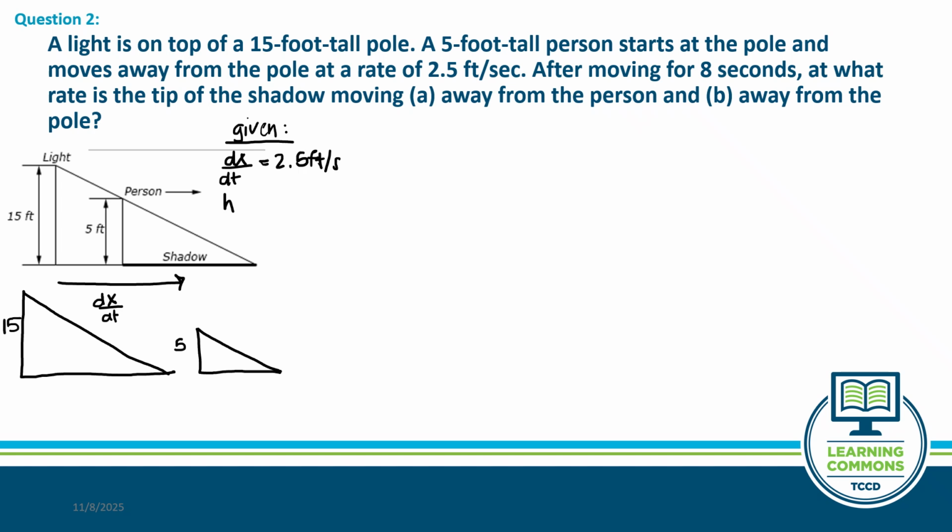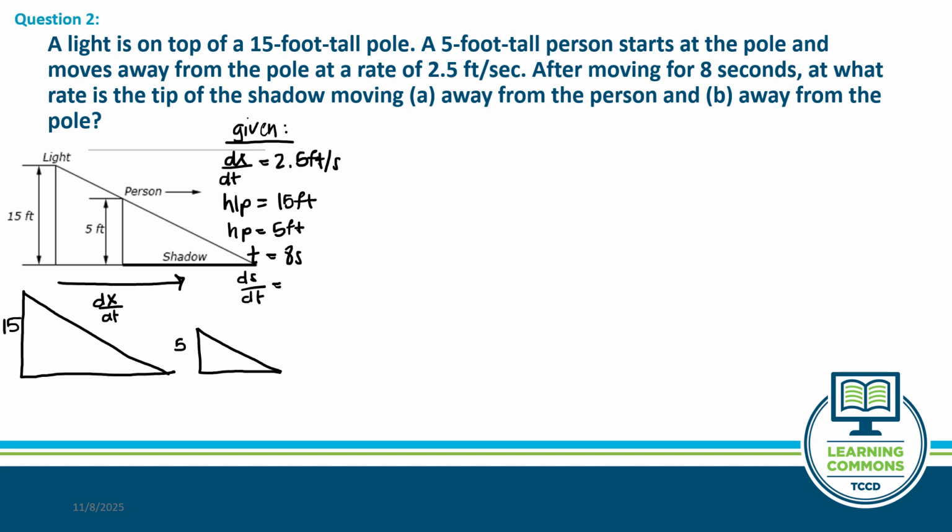Height of the light pole is 15 feet. Height of the person, 5 feet. I'm given time, which is 8 seconds. And then I'm also given the rate of the shadow, which I'm calling ds/dt, or how fast the shadow is moving.